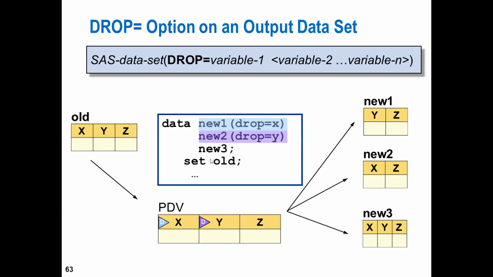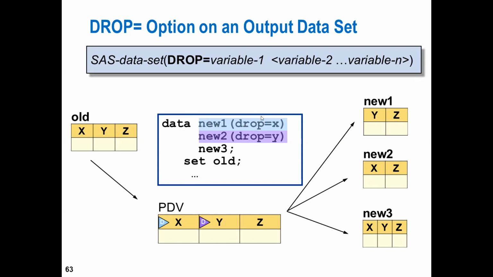Getting it? Now understand, from old, X, Y, Z, all 3 variables are available in the PDV for processing. When the descriptor portion is created during compilation for new, by default it reads all the variables from input to output.